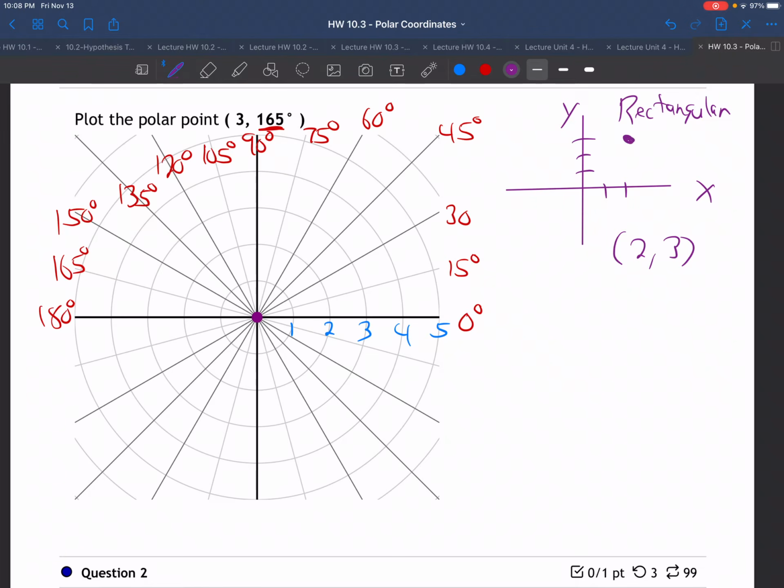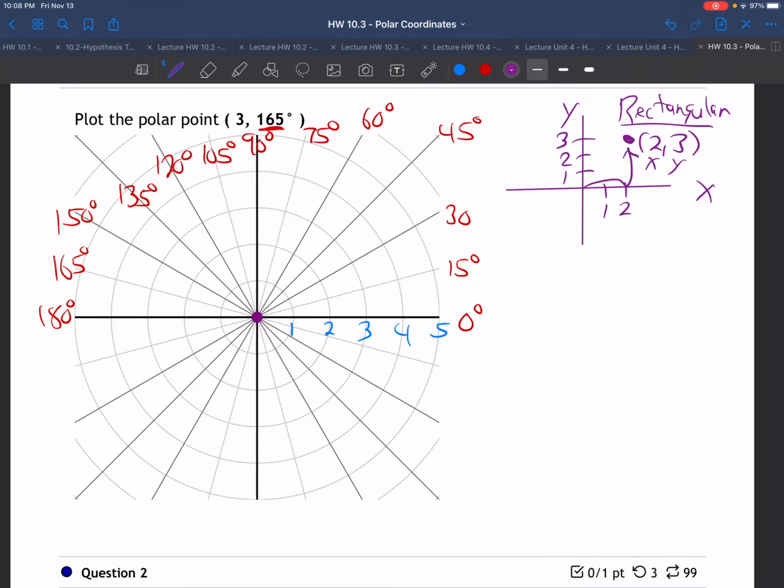Right there is the point 2, 3. We do the x first and then the y. So that's how we locate points in the rectangular system.